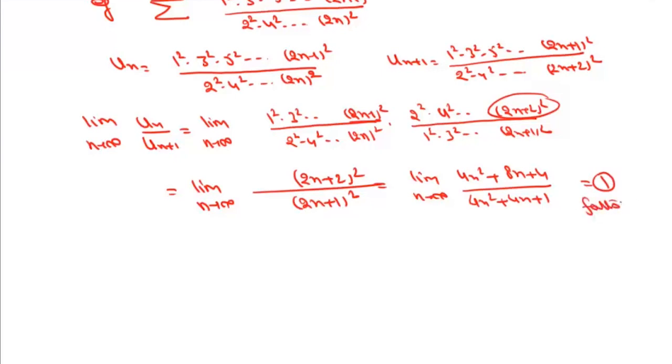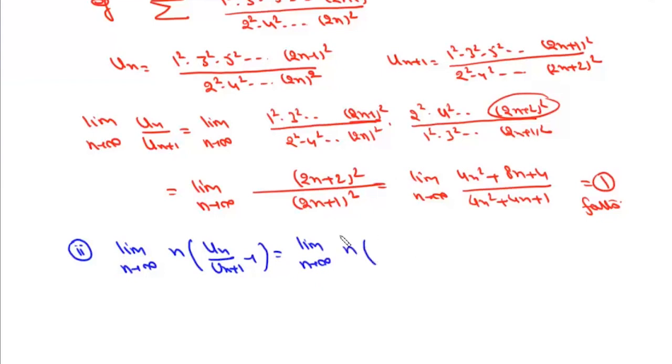Now once the ratio test fails, we have to use Raabe's test. For Raabe's test, we find this limit: as n tends to infinity, n times (un upon un plus 1 minus 1). So it will be this limit as n tends to infinity. Now this is n, and un upon un plus 1 is (4n square plus 8n plus 4) upon (4n square plus 4n plus 1), minus 1.